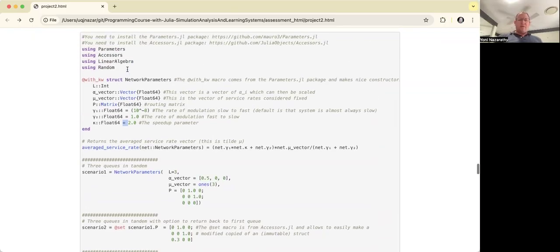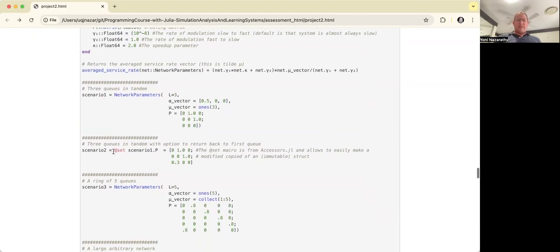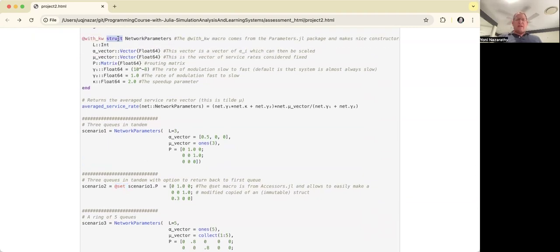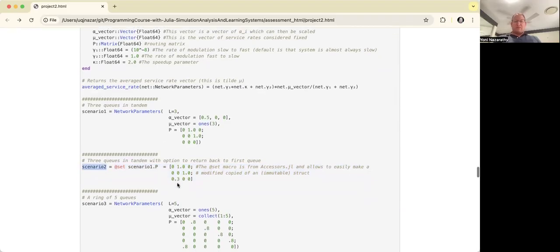Now, what you get with the Accessors package is the @set macro, and that's important for modifying a scenario and making a copy of it. Remember, structs in Julia are immutable unless you said mutable struct. So this creates a copy of scenario 1 where you modify P to be different. Scenario 2 is just like scenario 1, but P is different.